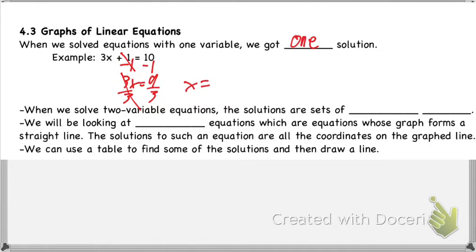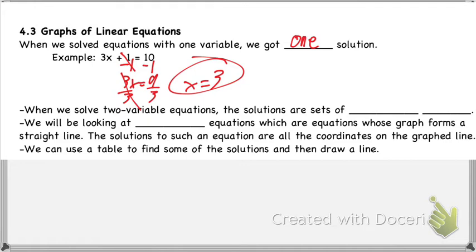Nine divided by 3. Or how many times does 3 go into 9? Yep, 3. Okay, so we got one solution. In this case, the only thing that makes the equation true is 3. Nothing else will make this equation true.